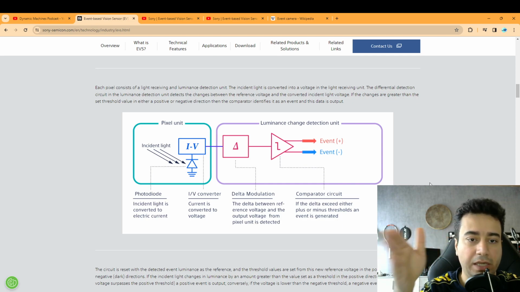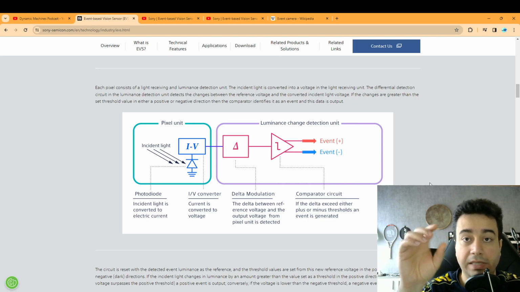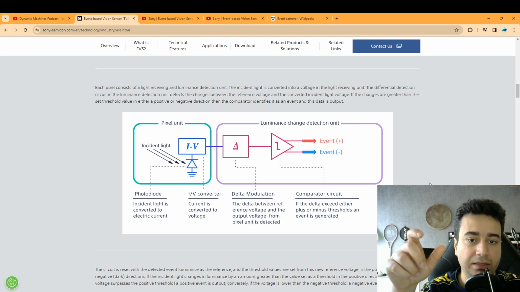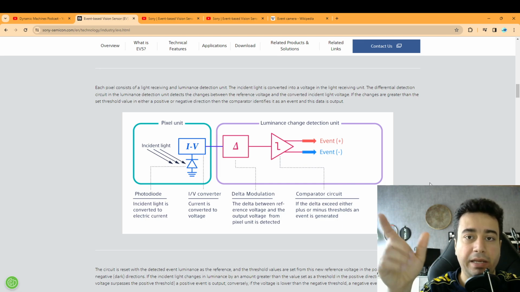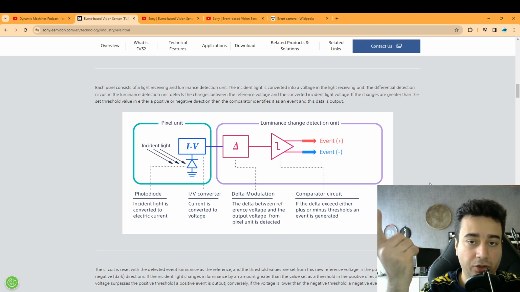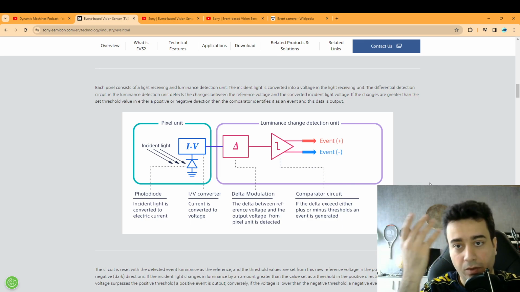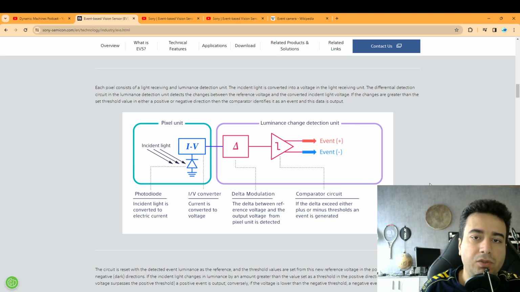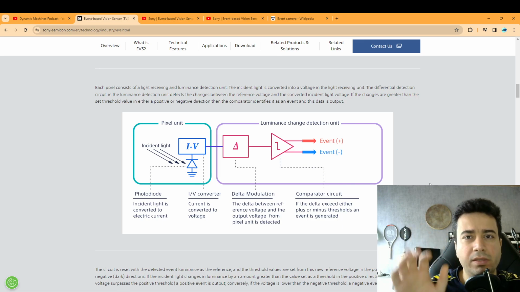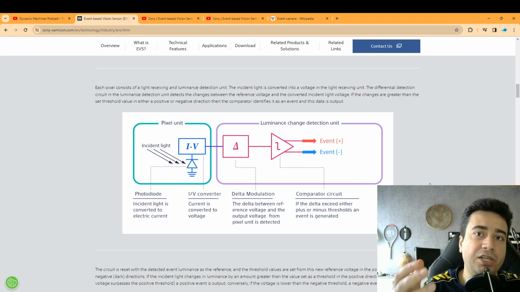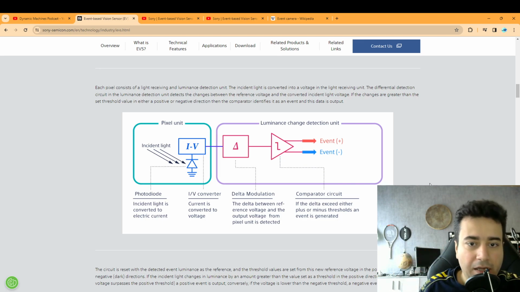So you have to detect or compare this delta, and if this delta exceeds the defined threshold, then a plus event will be generated. If not, it will be minus or nothing. So the concept is rather easy, but the applications are quite interesting.